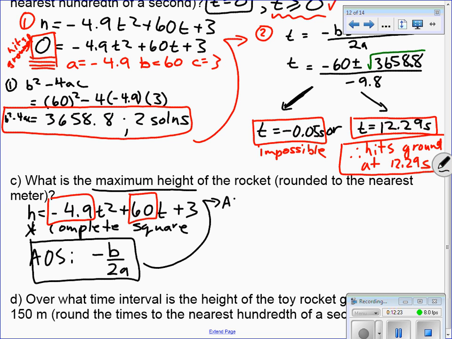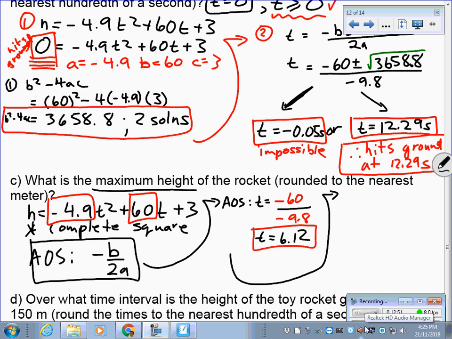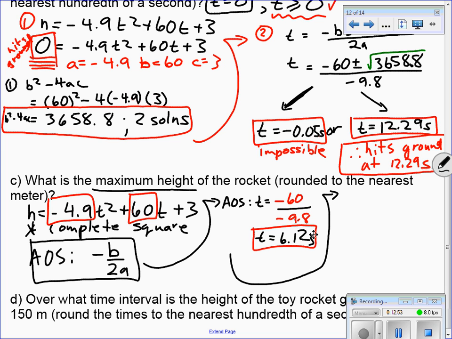So the AOS for this equation is going to be t is equal to negative 60 divided by, well, 2 times negative 4.9 is negative 9.8. And when we calculate that, our final answer is going to be t is equal to 6.12 seconds.